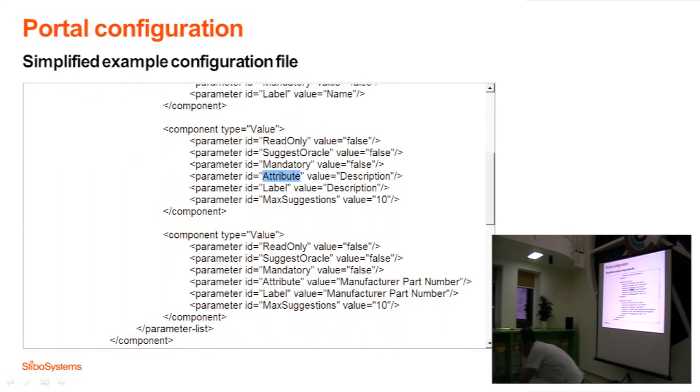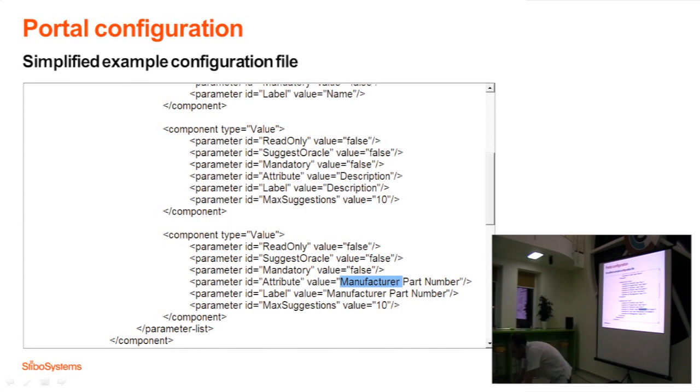So we see this is an attribute called description. We configure that we want a description attribute for this product. The same also down here, we have the manufacturer part number as an attribute, which will also tell something about the product.